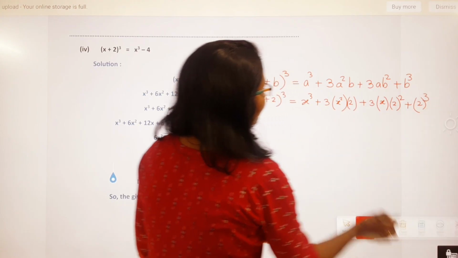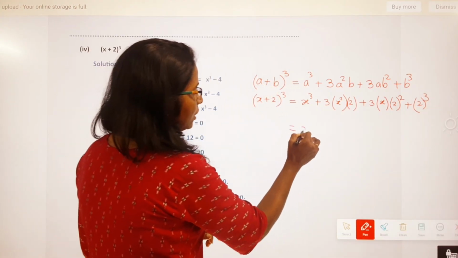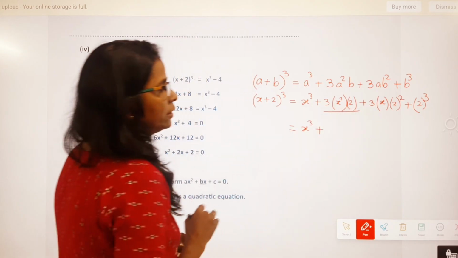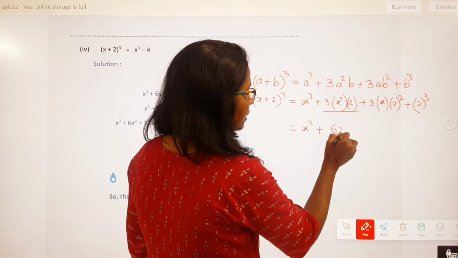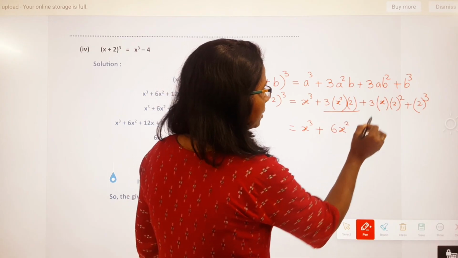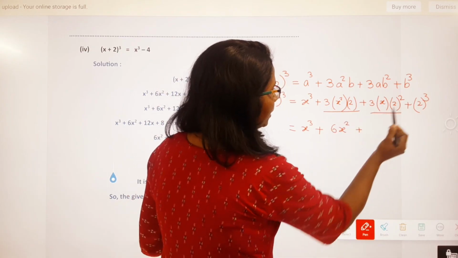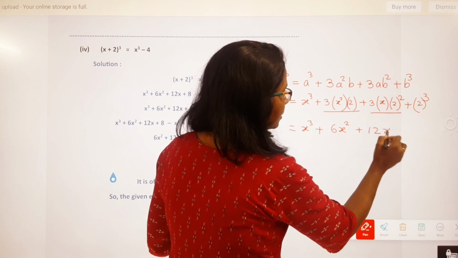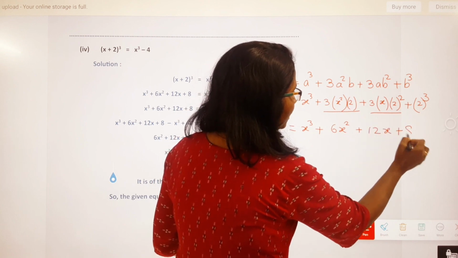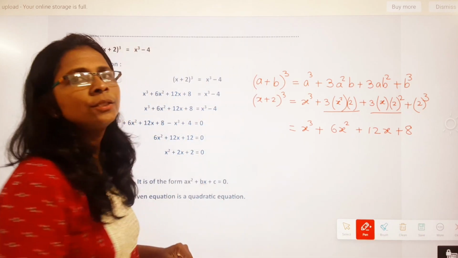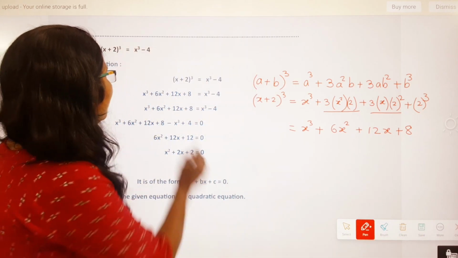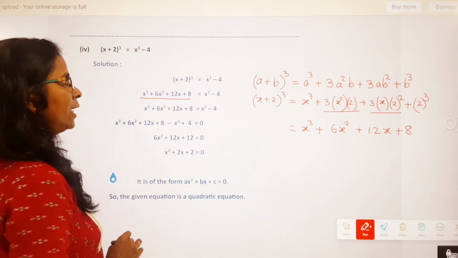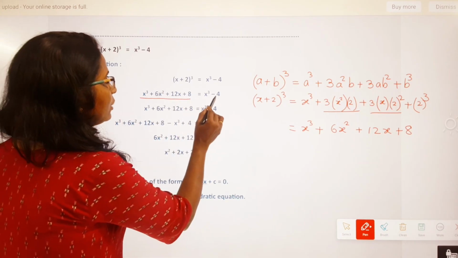Then x cube plus 3 times 2 is 6x square, plus the square of 2 is 4, 4 times 3 is 12, 12x, and plus the cube of 2, that is 8. So we write x cube plus 6x square plus 12x plus 8, which is equal to x cube minus 4.